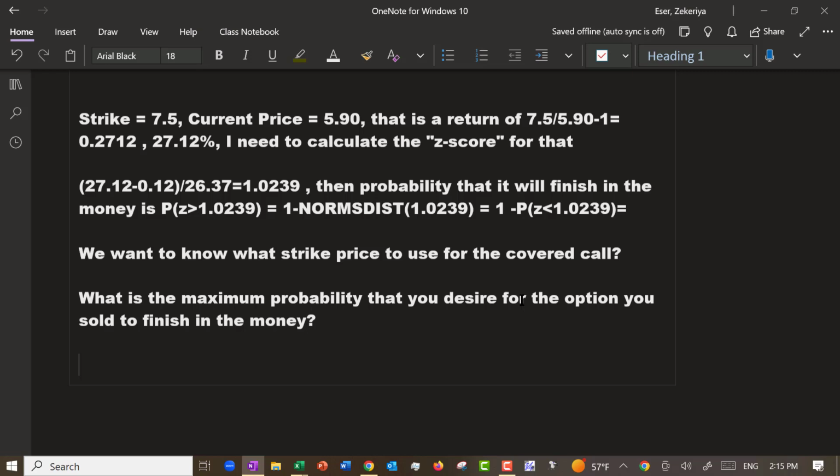Let's say I want that number 10%. 90% of the time, I want the option that I sold to finish out of the money, which means I didn't have to sell it at that price. When the time comes, I'm going to just renew it with a new strike price.